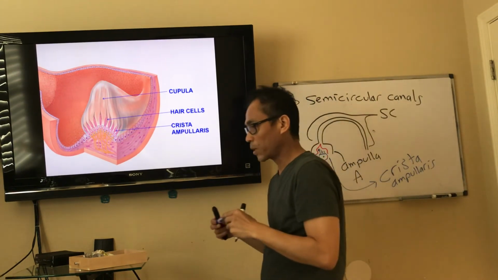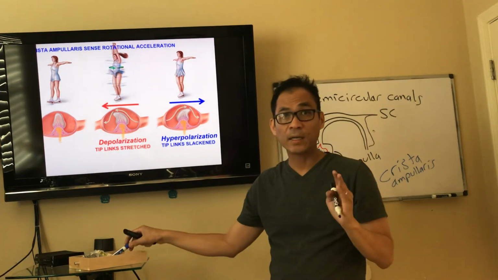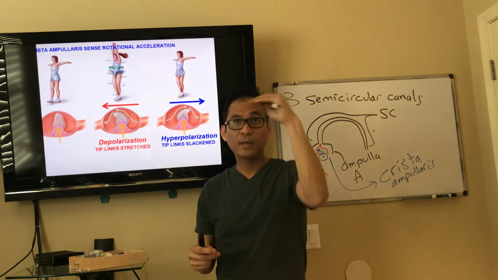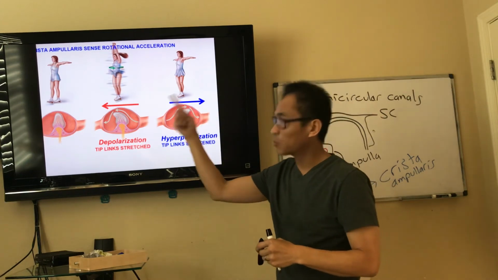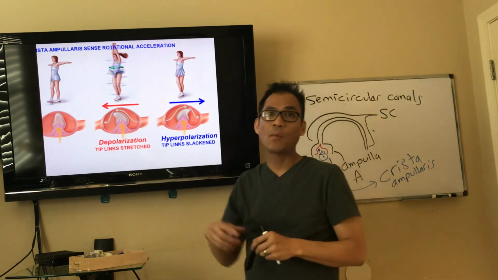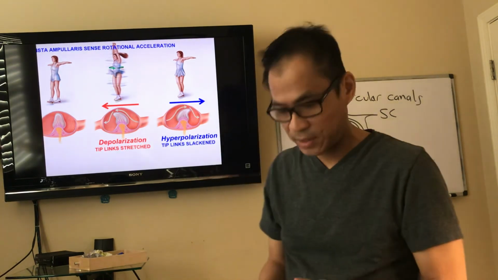And this organ will detect rotational acceleration because there's fluid in it. And the only way to get the fluid to move the crista ampullaris is to rotate. So these three semicircular canals will sense rotational acceleration.